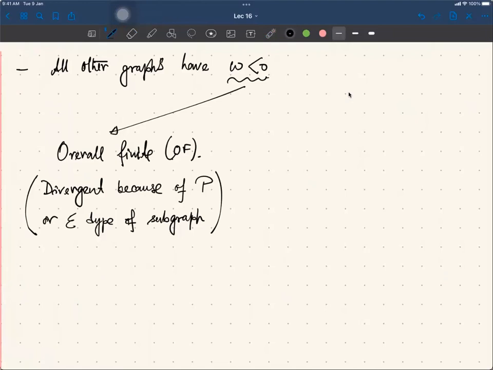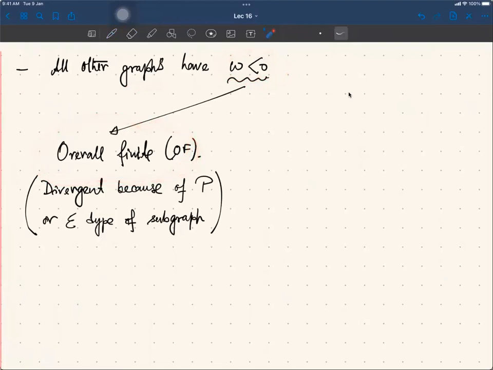Right. This is Weinberg's theorem, which says that, as we just discussed in the previous slide, omega being negative is not enough to guarantee that the graph is convergent. The graph can be divergent even if omega is less than 0. That is the case for overall divergent graphs.